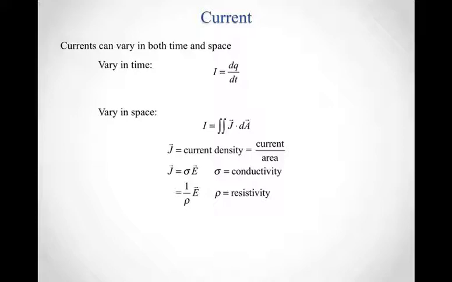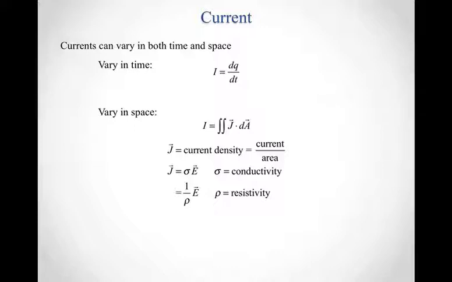I want the dot product of J with tiny little differential area elements. So J is the current density, it's the current per area, and basically over space, what I'm doing is calculating the current by figuring out how J varies over all my little area elements and then adding that up.